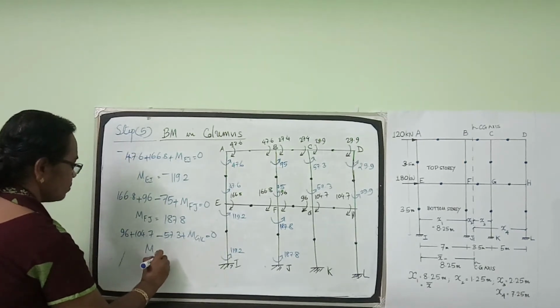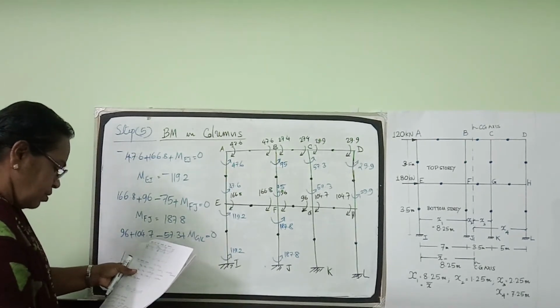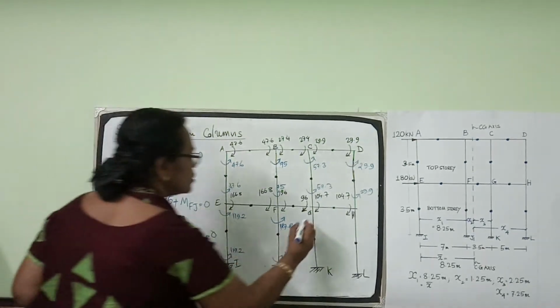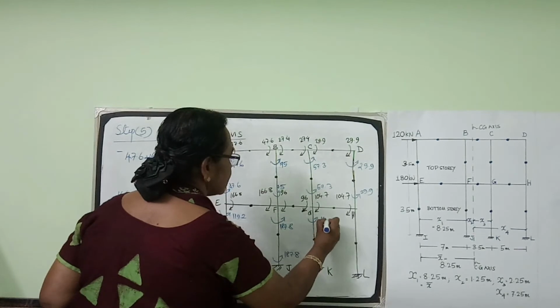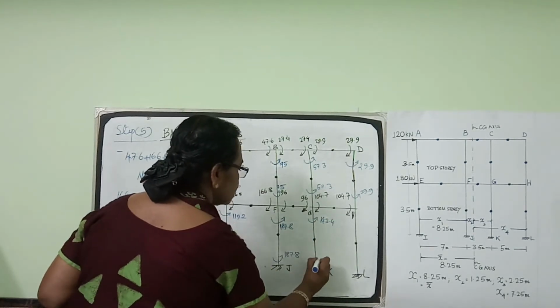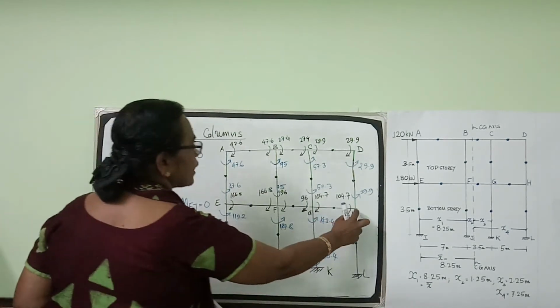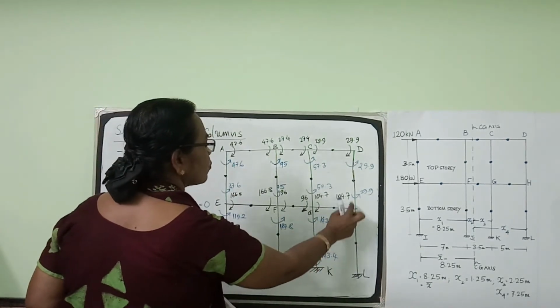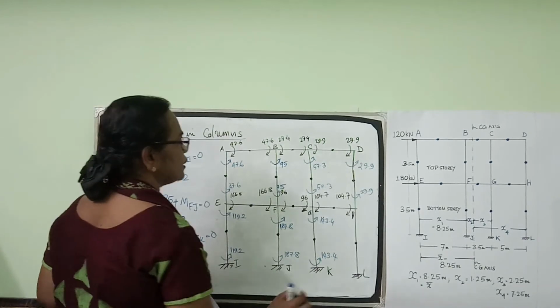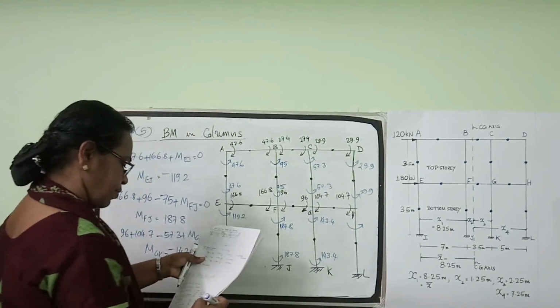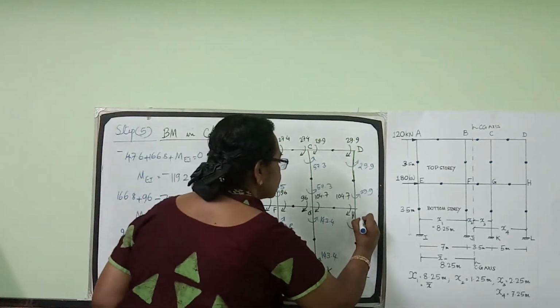From that we get MGK is equal to 143.4. So this is 143.4. This is also 143.4. Now coming to joint H, 104.7 clockwise, 29.9 anti-clockwise. So this will be 104.7 minus 29.9, 74.8.